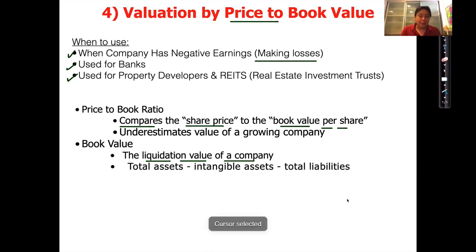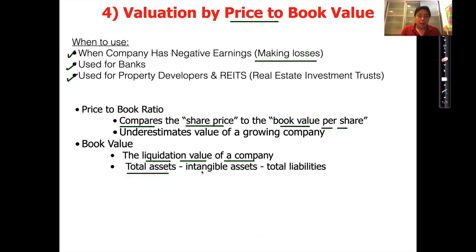So how do we calculate the book value? We take the total assets of the company minus the intangible assets like goodwill and brand, because that disappears when the company closes down, and we deduct all the debt, all the total liabilities. So what we get left is the book value of the whole company.